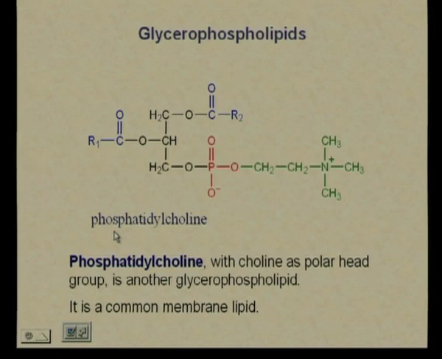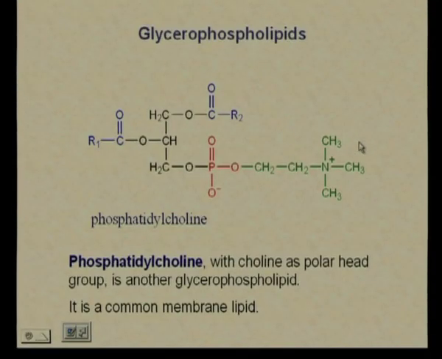I can also have phosphatidyl ethanolamine. I can have phosphatidyl serine. Each of these, the difference you understand is going to be just in the X group in this case. So, we can have identical R1s and R2s for phosphatidyl choline, phosphatidyl serine, phosphatidyl ethanolamine and so on and so forth.